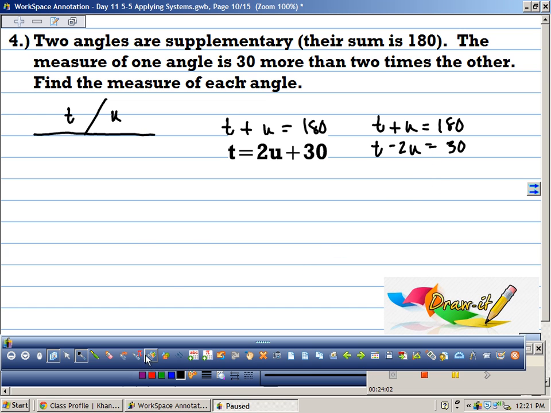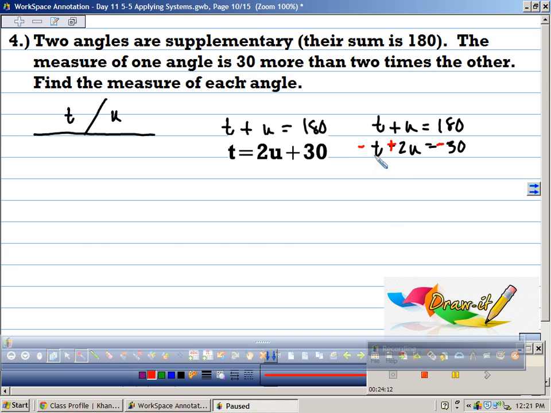Same as last time, put the opposite sign? Yes. So I have opposite of T, opposite of 2U, opposite of 30. So when I total those together, I eliminate T. I have 3 U's equals 150, so 1 U equals 50.